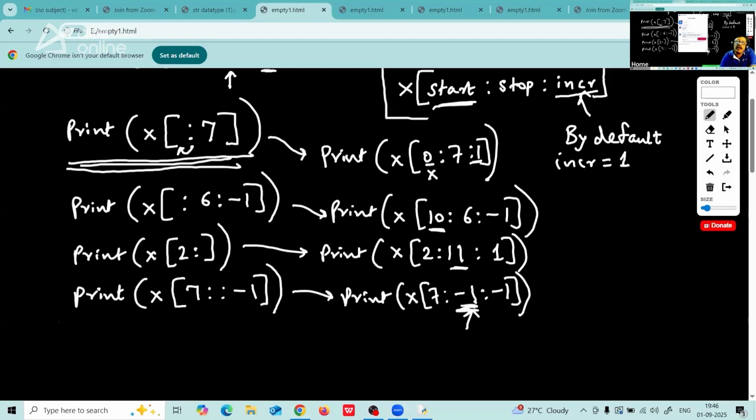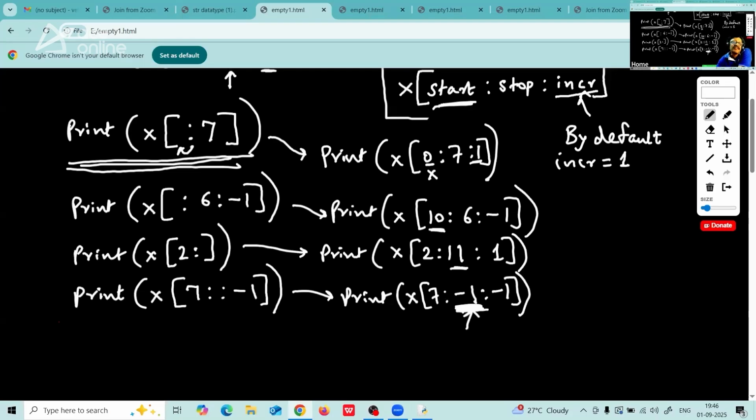Good question, I'll tell what he is asking. He's asking, sir, you are saying that this -1 you are giving here, but you said -1 is the last index of the string. I hope everybody understands the question asked by the student.